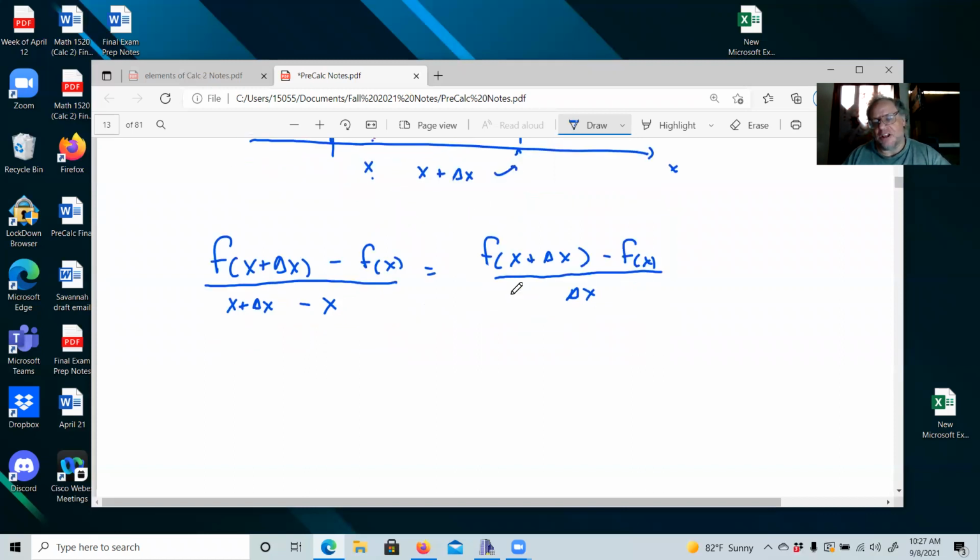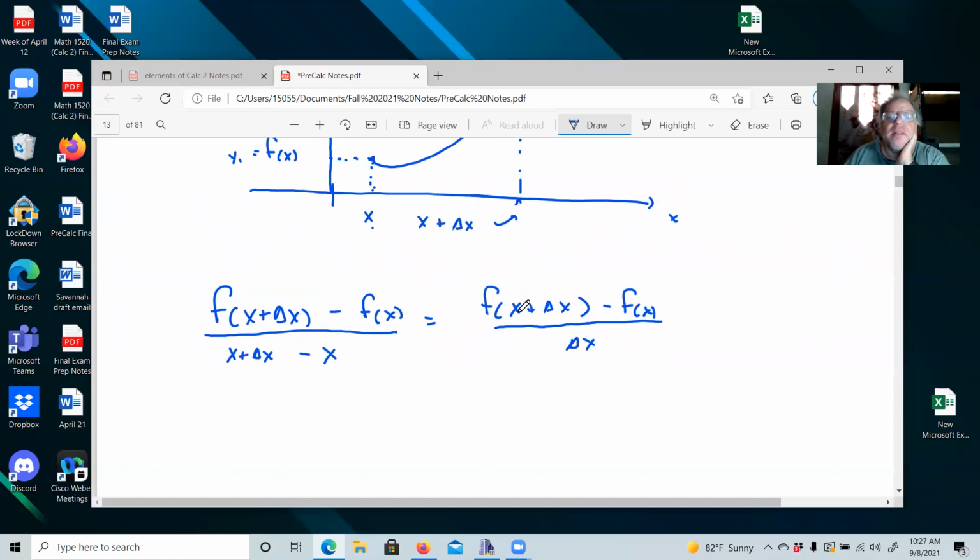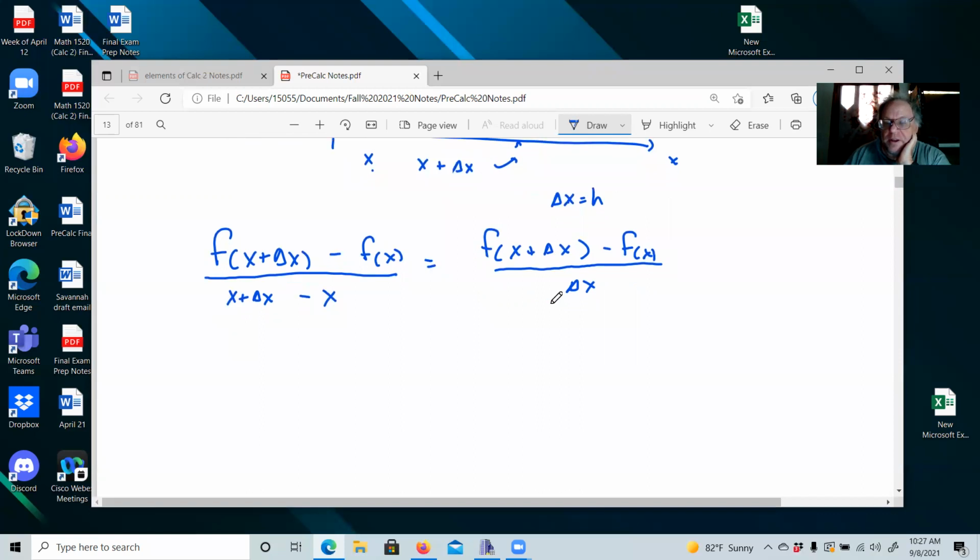Now, this is what's going to make it a little bit more complicated. Somewhere in the 70s or 80s, publishers decided that delta x was too hard. So we're going to call it h instead. Okay. So instead of worrying about delta x's, I don't understand why this decision was made. A chemistry book has delta x's in it, but in calculus h is what makes sense.